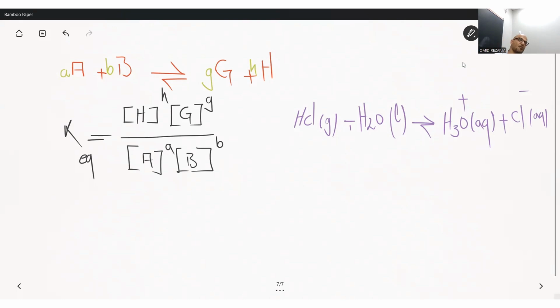However, we see that after a while, if you do not change the temperature, you keep everything constant, the conditions of the reaction, you see that it comes to an equilibrium. It means that the rate that the hydrogen is going to be dissociated from the chloride matches the rate that the hydrogen is going to form back to the chloride, comes back to this state.